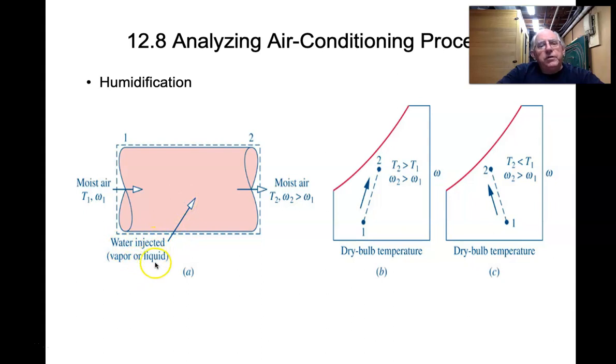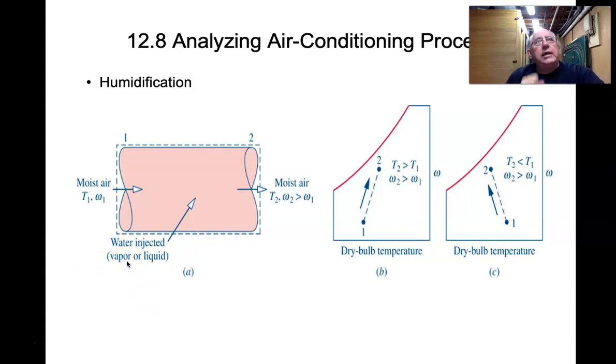Okay, so this could be just going across a mat that is saturated with liquid water, and as the air flows through, it picks up the liquid. It actually causes the liquid to vaporize and enter into the mixture. Or it could be steam of some kind.